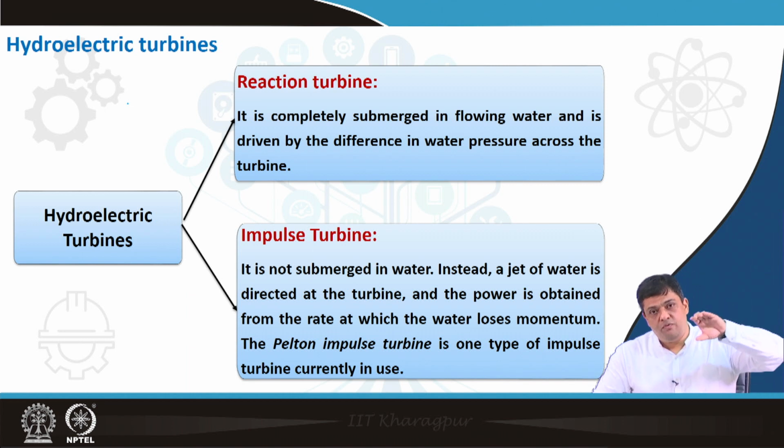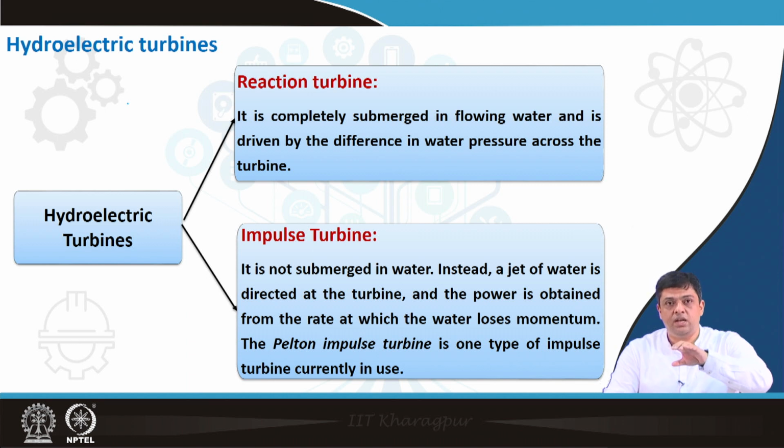So, you had a water column coming down. In the case of reaction turbines, the turbines are submerged fully, but the impulse turbines may not be fully submerged, they may be half submerged. So, you can have these two types of turbines, and a typical impulse turbine which is becoming very popular is the Pelton type, and we will discuss these two turbines quickly in the following slides.